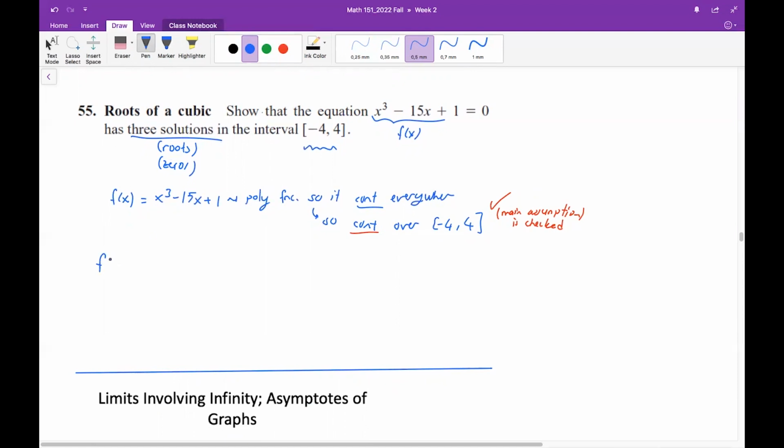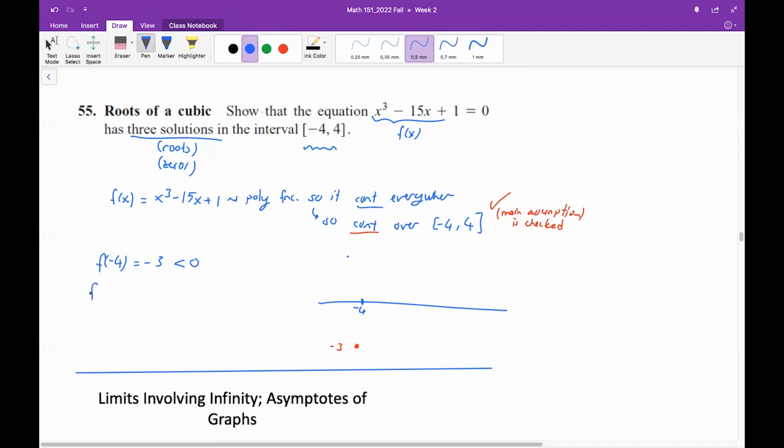For example, look at the image of your function at the point -4, which is this endpoint. You can easily compute it by inserting -4 here, and you will find -3, which is a negative value. Let me start drawing the picture. -4 is here, and at -4 the image is -3 somewhere here.